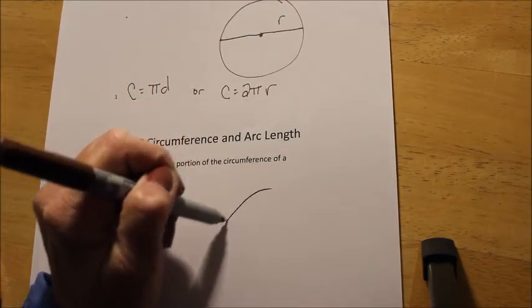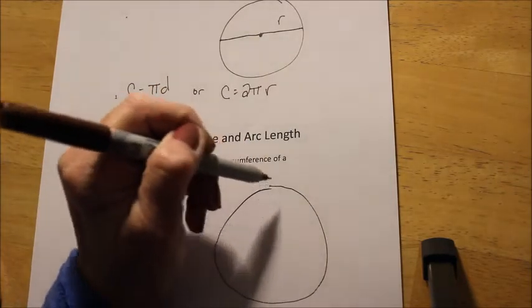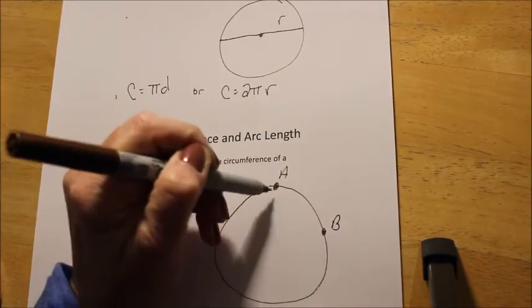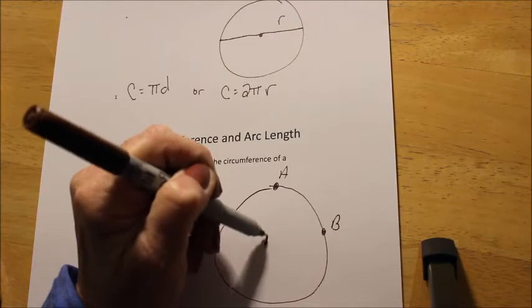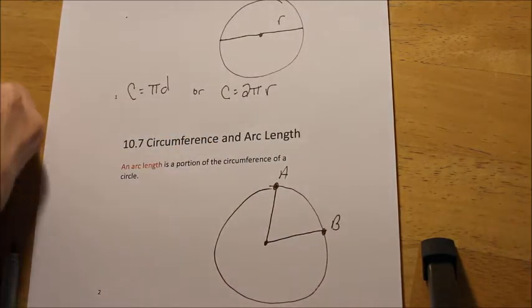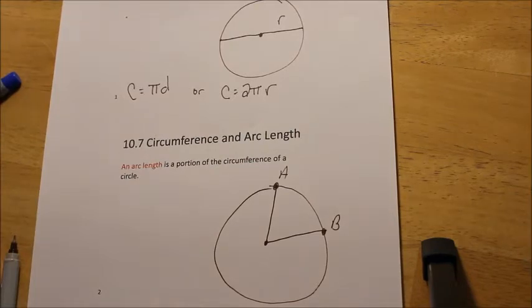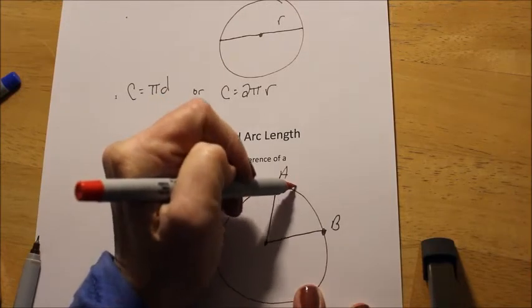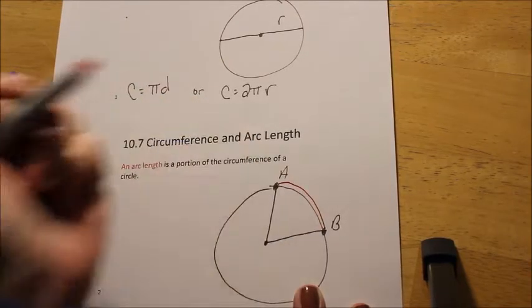So as an example, let's say we have a circle. I'll go ahead and call this arc AB, and we'll call our center here. What we're looking for is not the measure, but the length, I should say, of this arc right here.